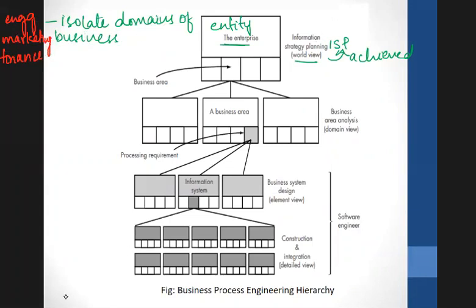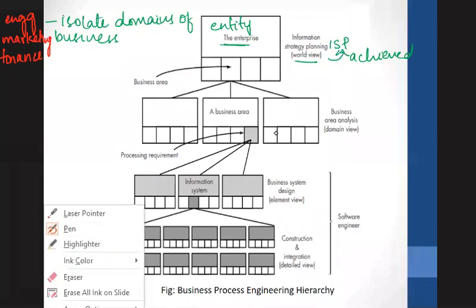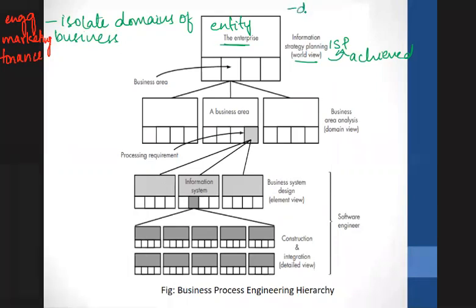Now the next job that this ISP is going to do is identify the different data objects. It is going to identify the different data objects that are visible from the enterprise point of view. That is, from the world view, what are visible, you're going to identify those different data objects. Now when you define data objects, we can identify the relationship between these data objects at the enterprise level.